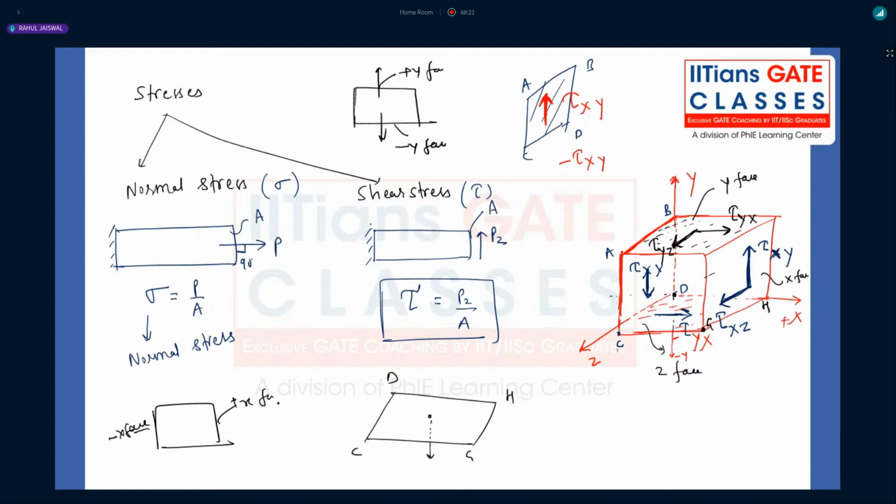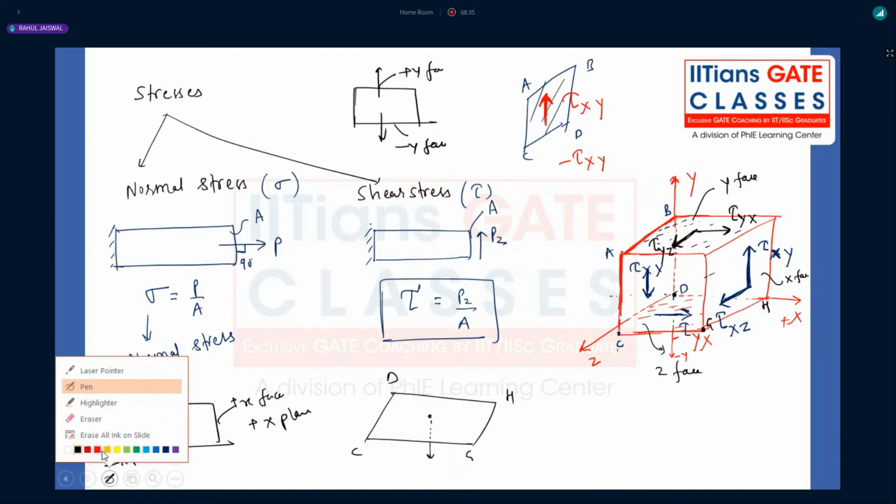Is that clear? Positive x plane, negative x plane. Getting my point or not? Don't think of the same axis. See, that's a very big blunder. Some of you might be overthinking.